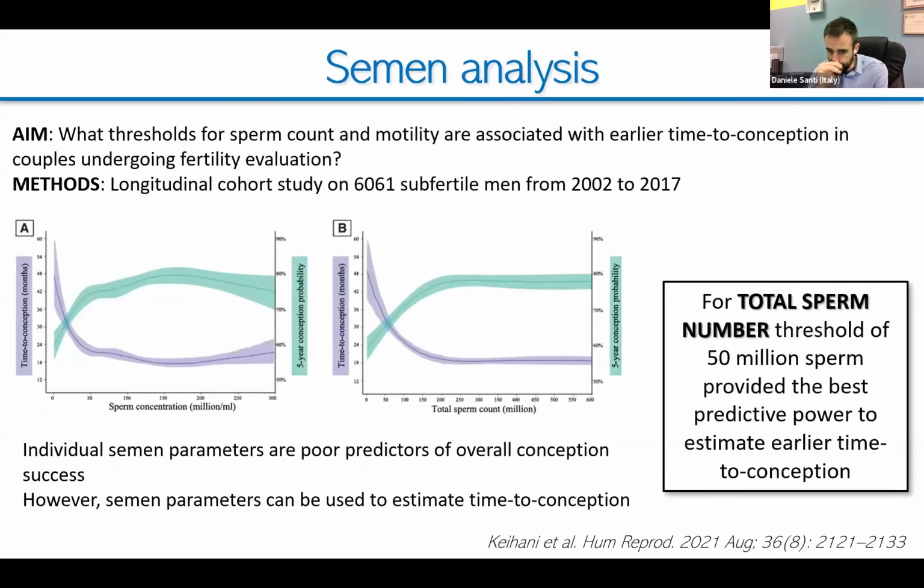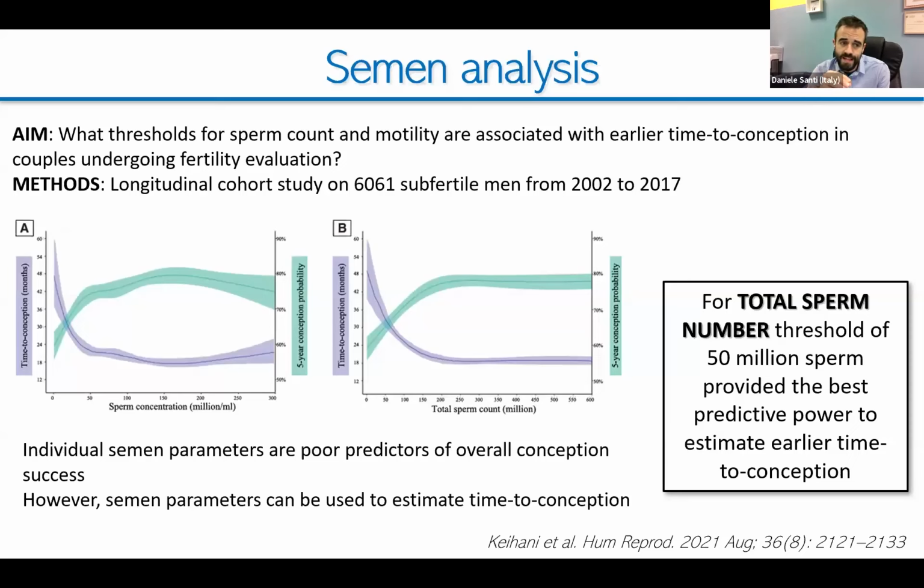This is a recent work, a very large longitudinal cohort study with more than 6,000 infertile men. The authors performed this longitudinal analysis to evaluate whether one of the semen analysis parameters is really able to predict the pregnancy.